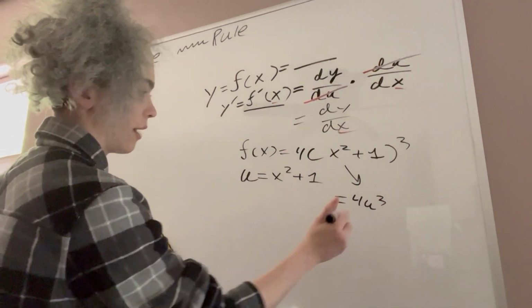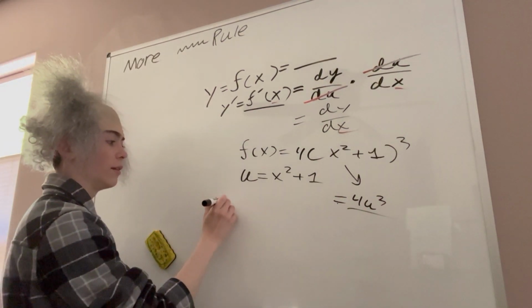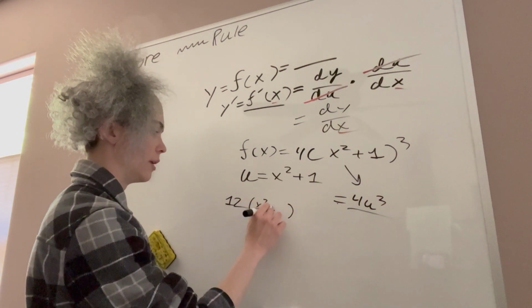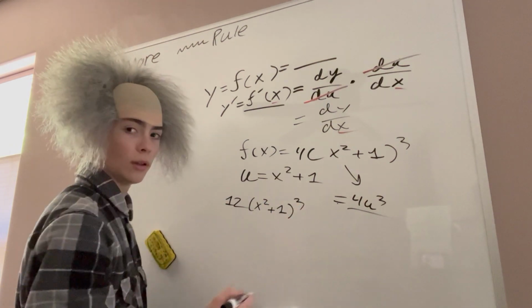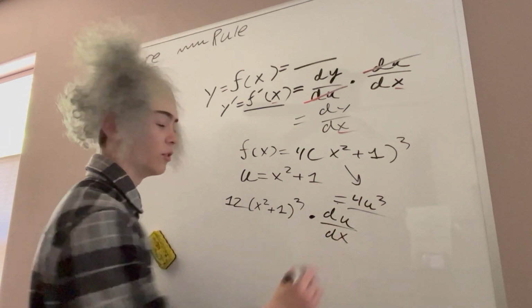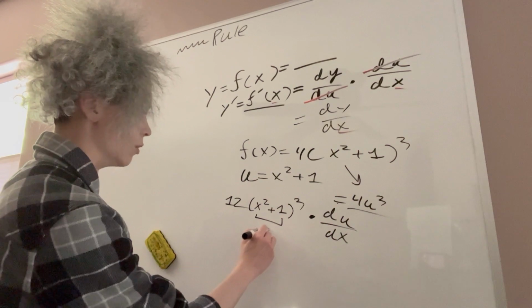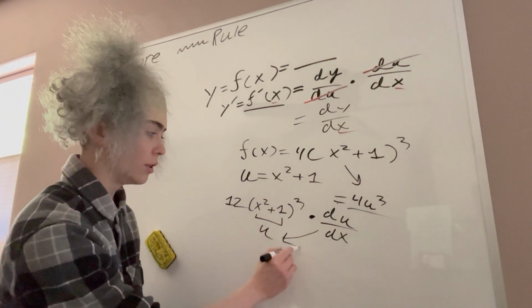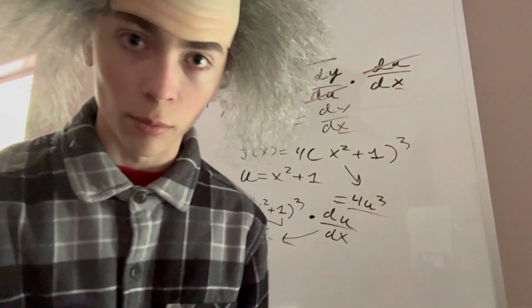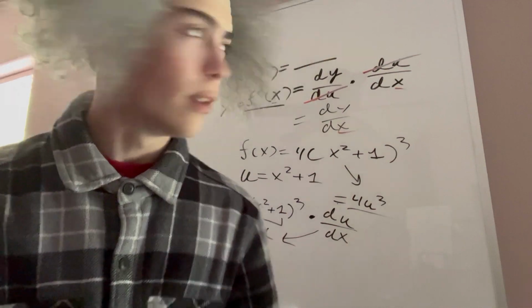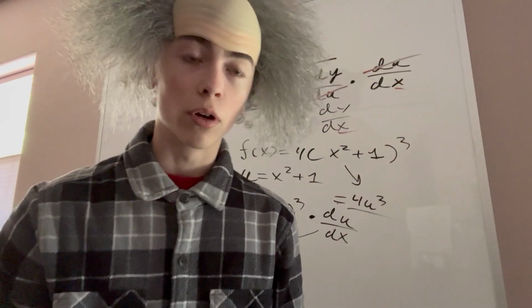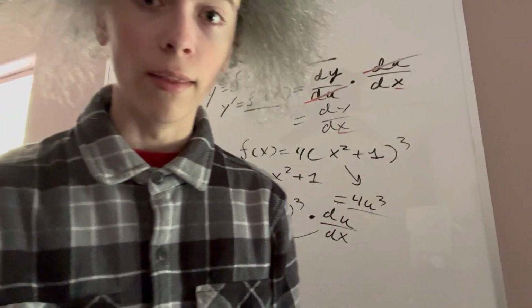Let me explain in other words. We have 4u cubed, and you take the derivative and get 12 times u squared, but I'll expand u into x squared plus 1, squared. And now that is times the derivative of u with respect to x, du dx. So we're going to derive the x variables in the u term, just like if I were finding dy dx, we derive the x terms in the y function.